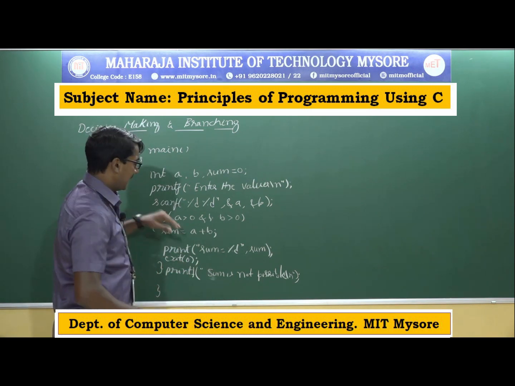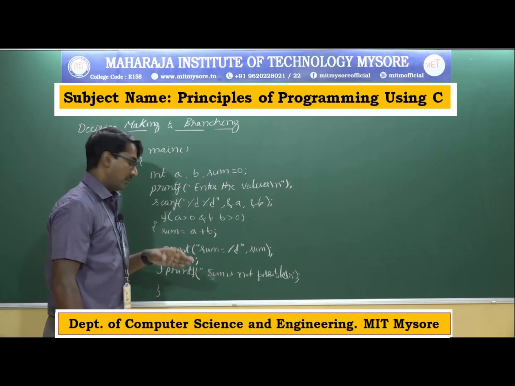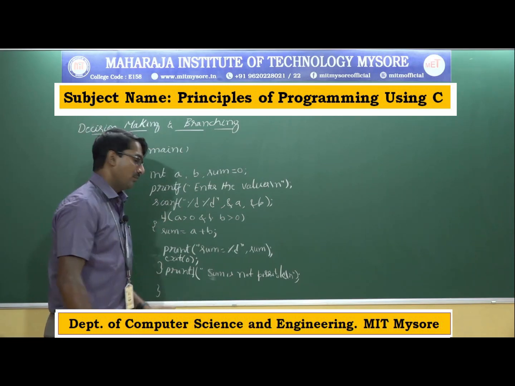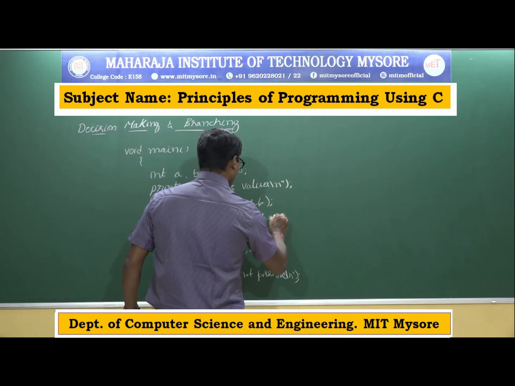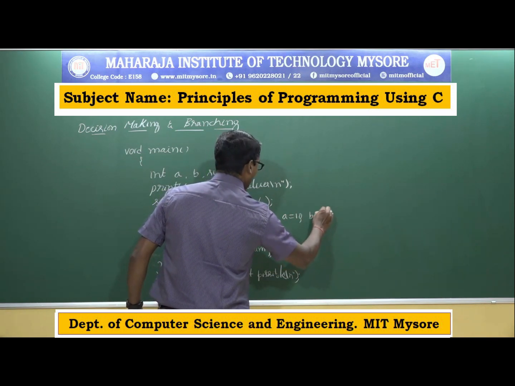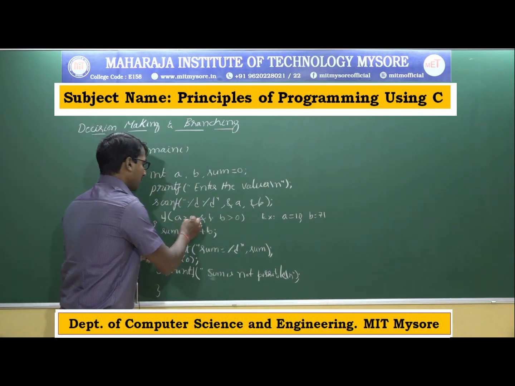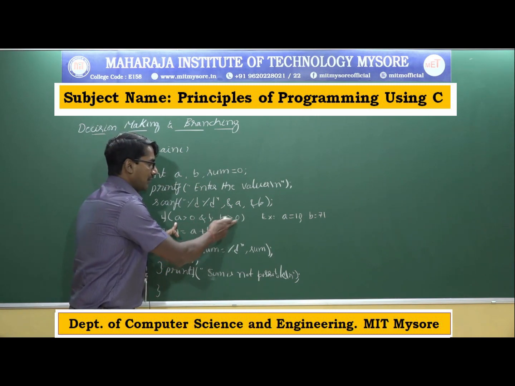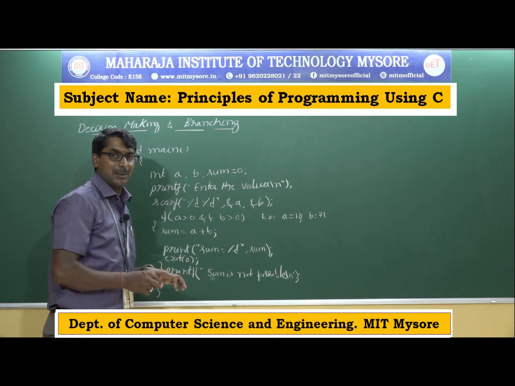If any one of the values of a and b is a negative number, then it will not perform the addition, and it directly moves to print sum is not possible. For example, if a is equal to 10 and b is equal to 71, the values will be checked: 10 greater than 0 is true and 71 greater than 0 is true, so it will perform the addition, print, and terminate from the program.